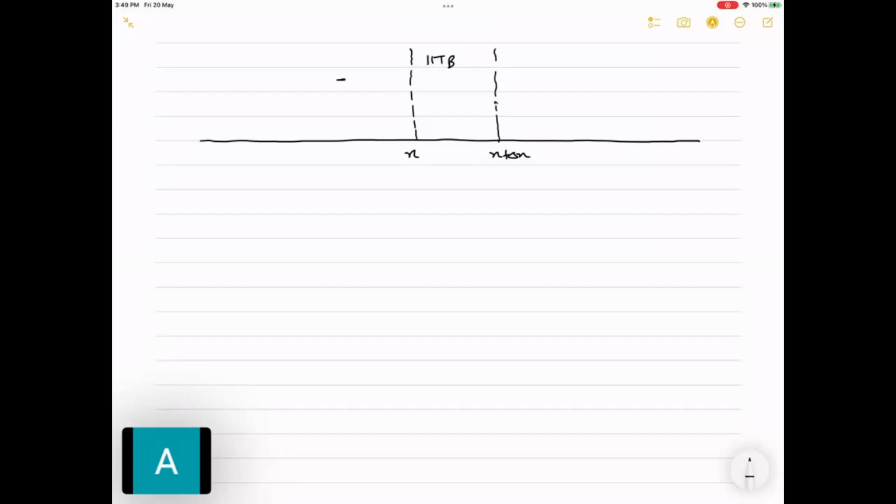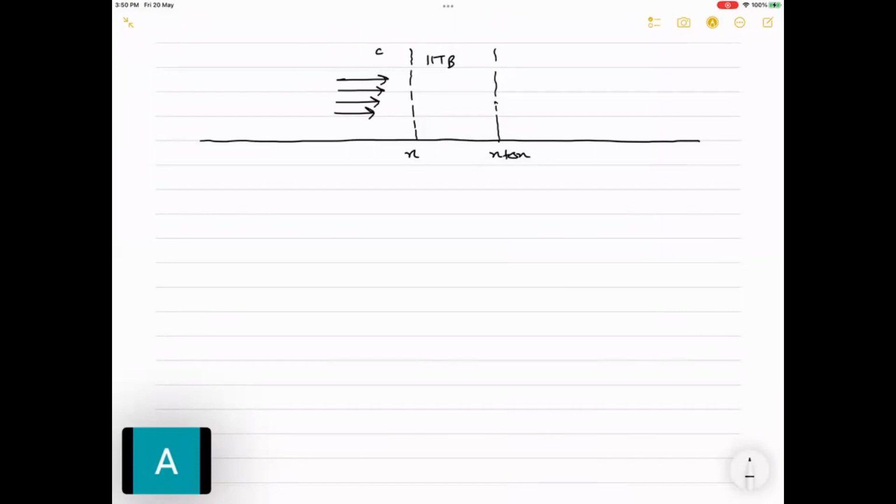I'm denoting the flux of vehicles by the number of lines. If there are more lines, then there is a higher flux.